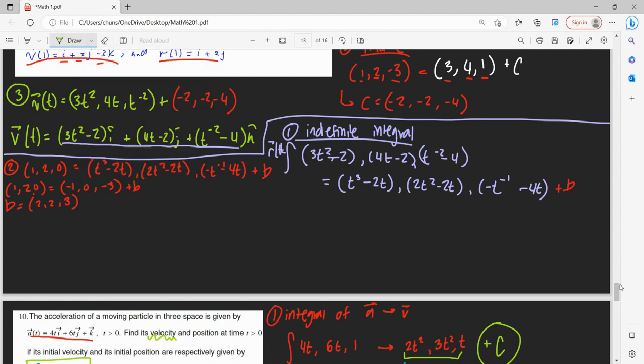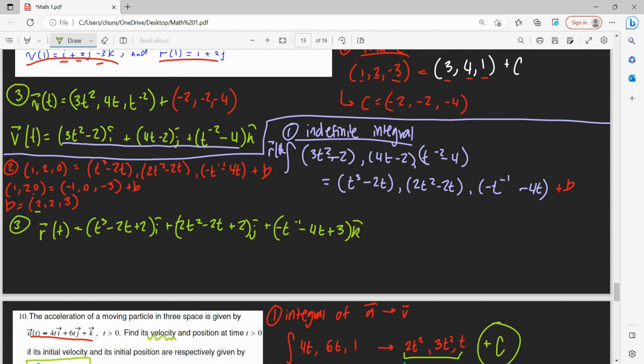And now we can throw it all together. So then this is equal to, and I'm just going to do this step all together, plus 2i plus 2t squared minus 2t plus 2j, then negative t to the negative 1 minus 4t plus 3k.